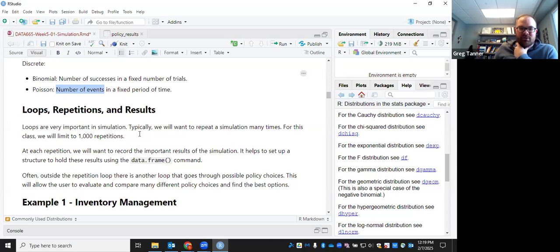But yeah, typically we want to do at least 1,000 repetitions, depending on how computationally intensive each individual simulation is, kind of determines how many you're willing to do, right? If what you're trying to compute takes very little time per simulation, then you can do lots of repetitions.